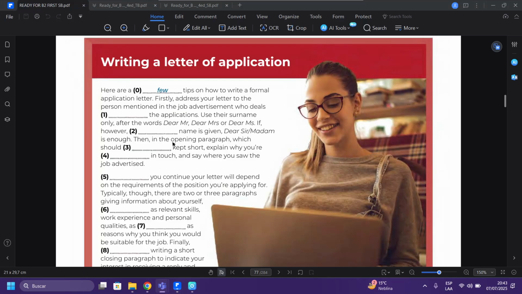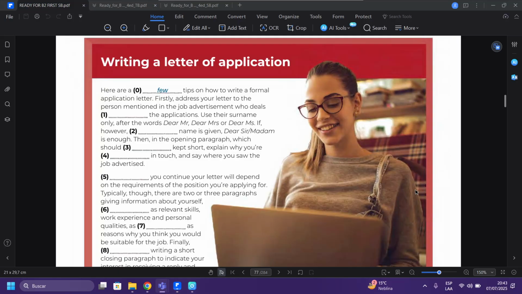If, however, a name is given. What do you think is here? What do you think is the correct answer here? If, however, there is no name.